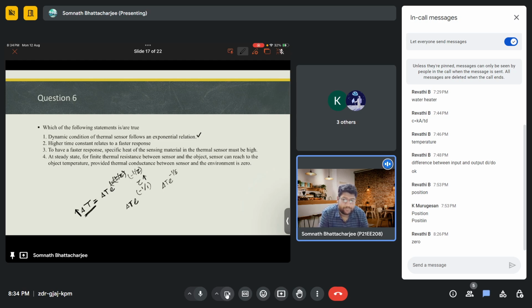Which one is the higher one? This has a higher time constant, so it has a higher tau. This has a lower tau. Which one will have a faster response?